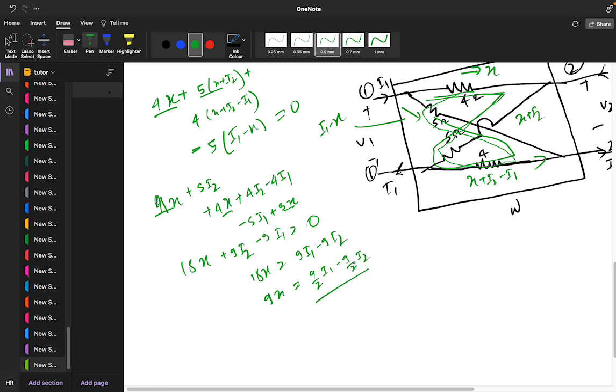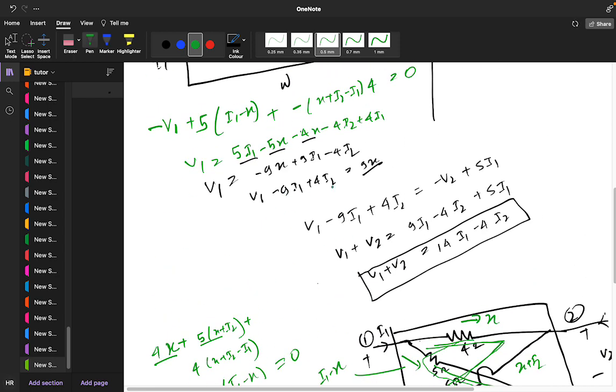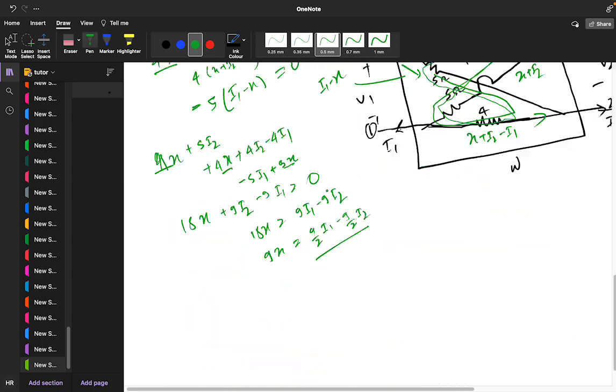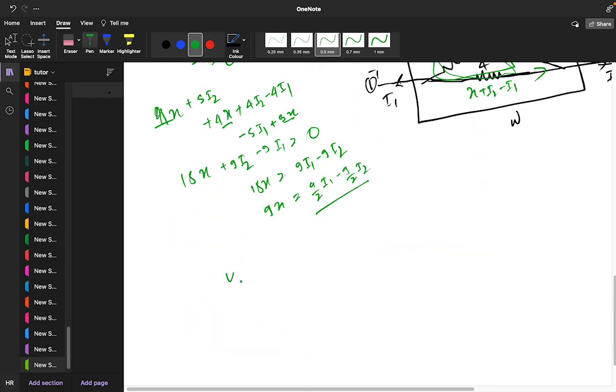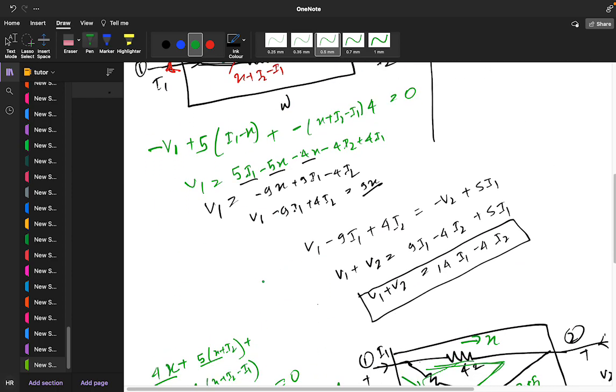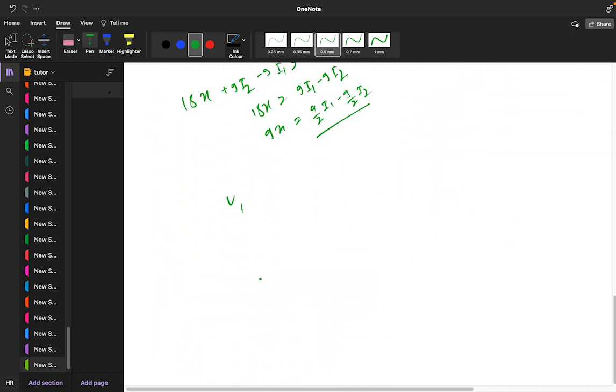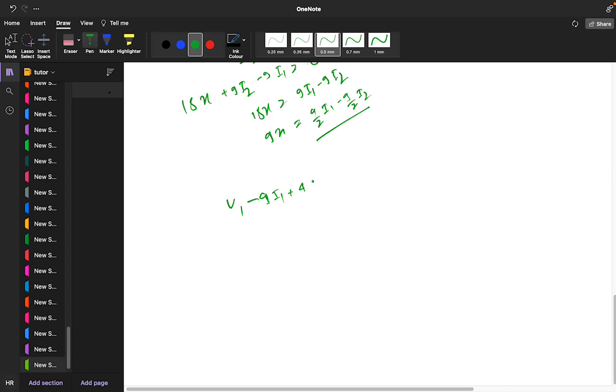So these equations can be equated with this particular equation: V1 minus 9 I1 plus 4 I2 is equal to 9x. V1 minus 9 I1 plus 4 I2 we can equate with this 9 by 2 I1 minus 9 by 2 I2. You will get to know the answer.